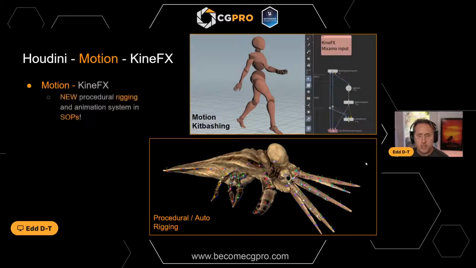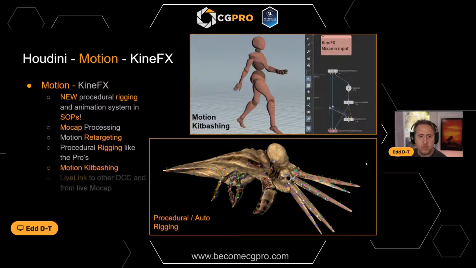But yeah, think of procedurally rigging things in SOPs, so we're using geometry to actually create joints. And we can do mocap processing, motion retargeting, procedural rigging, as I said, and motion kit bashing. Some of the things that you used to only be able to do in MotionBuilder, you can now do in Houdini procedurally and not manually.